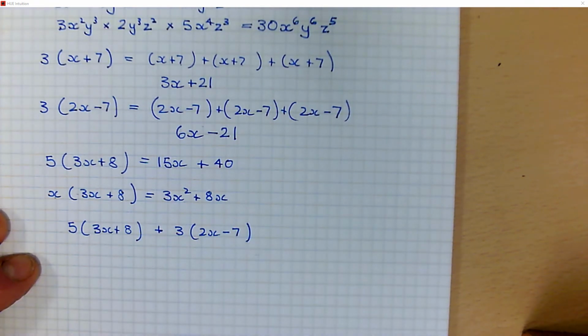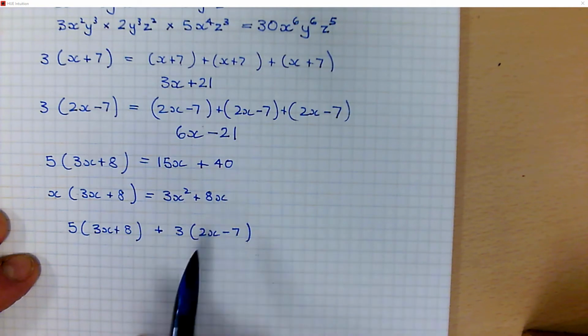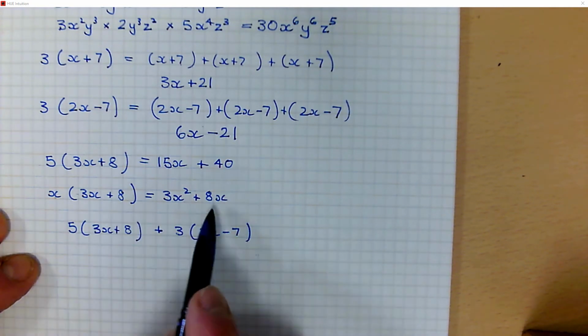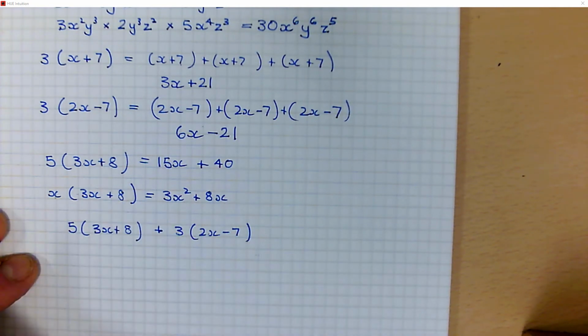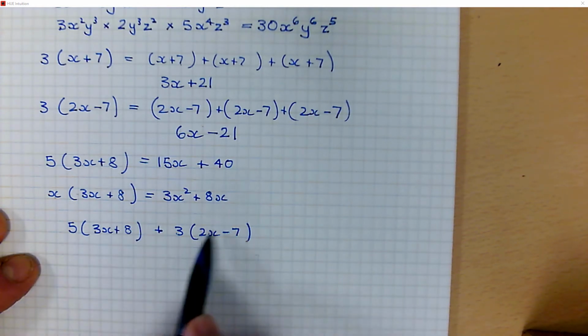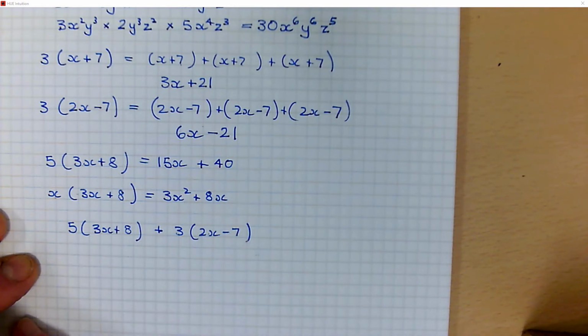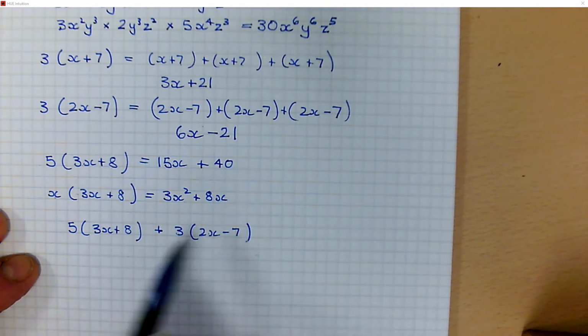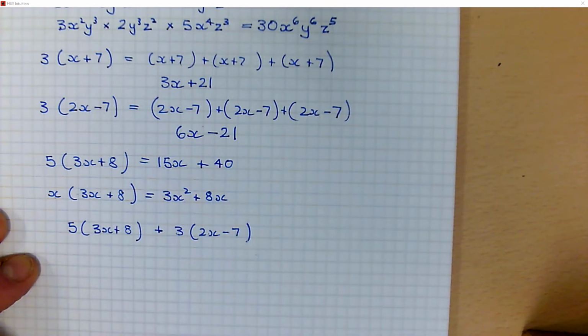So, what we're going to do is expand those brackets. Now, expanding just means doing what we've just done here. We get rid of the bracket by multiplying everything inside by the thing that's outside. So we're going to expand each of these brackets, which basically means we're going to get rid of the brackets and keep them separate for a minute, and then we're going to have a bit of a tidy up.